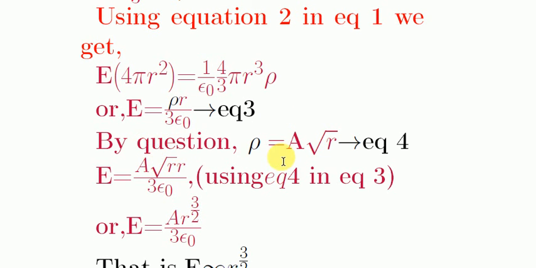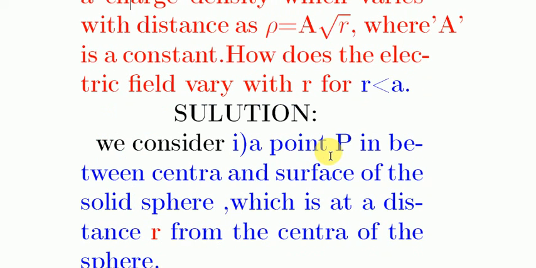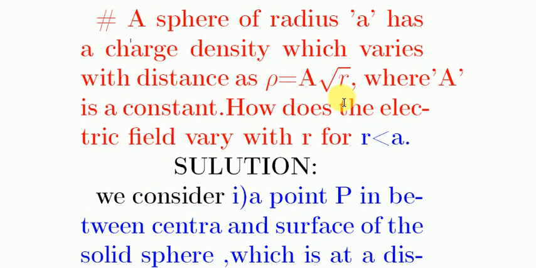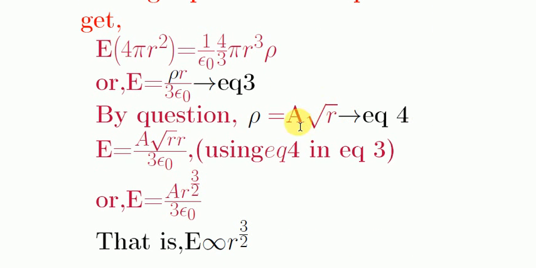And by the question we can write rho equal to capital A times root over small r. This is equation 4. If we use equation 4 in equation 3, we can get E equal to A times root over small r times small r by 3 epsilon 0.